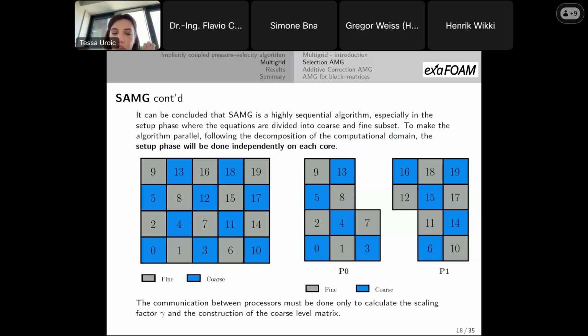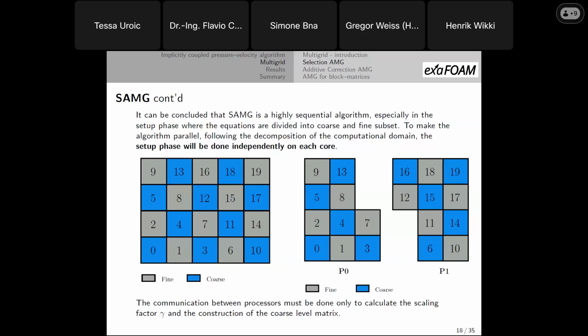These are the so-called fine equations. This process of choosing equations is highly sequential. So you cannot do it in parallel and still hope that you will obtain the same convergence as you did in a sequential algorithm.